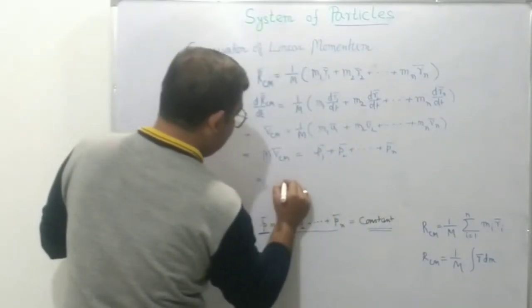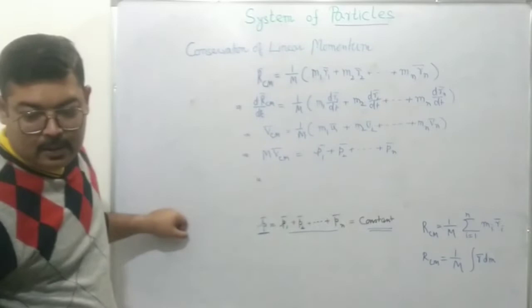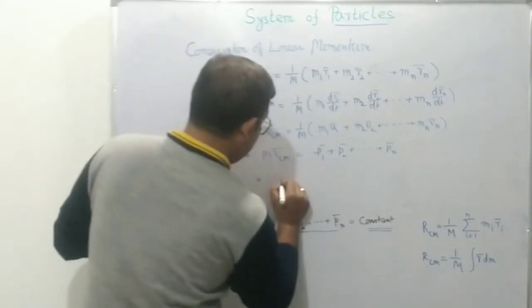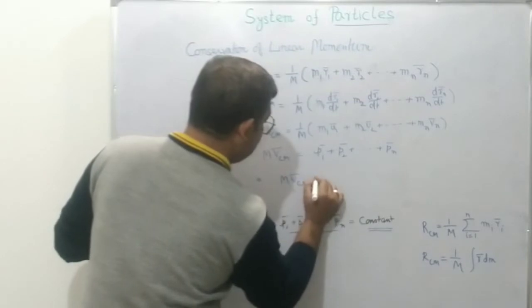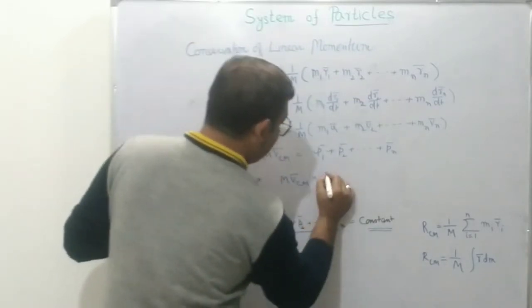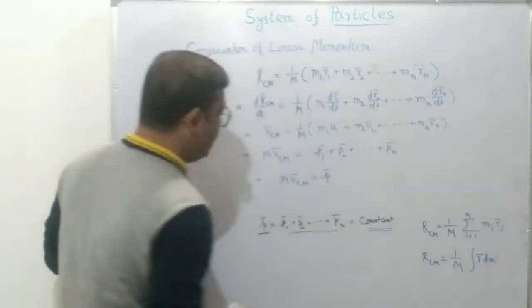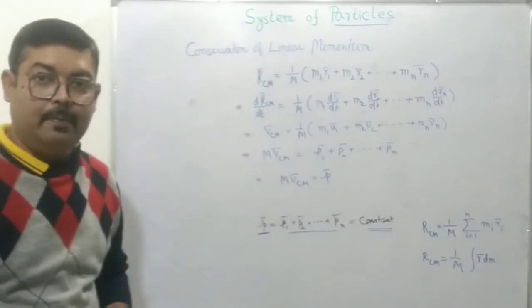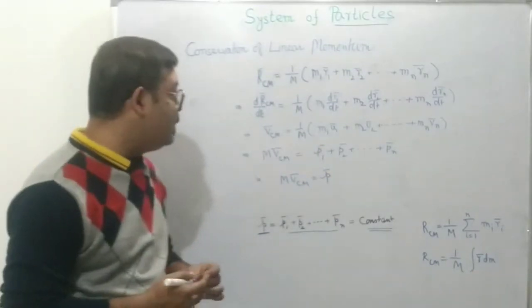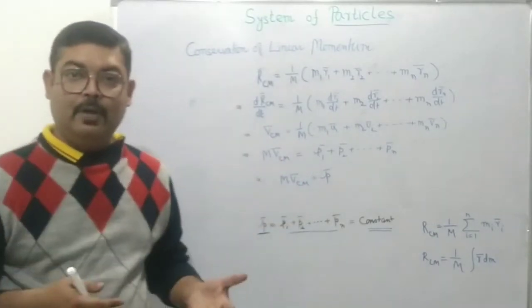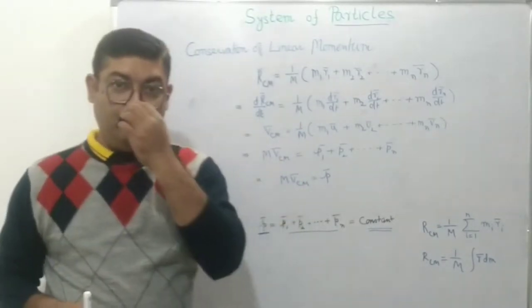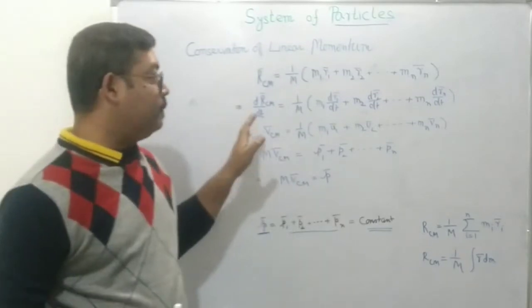That is to say, the linear momentum of the center of mass must be equal to the net linear momentum of the system of particles. This is one important result we get. So we have said that the center of mass should behave like the entire body would move.